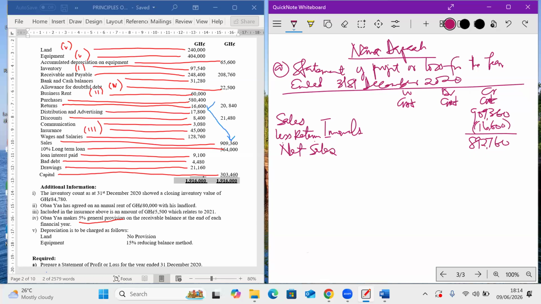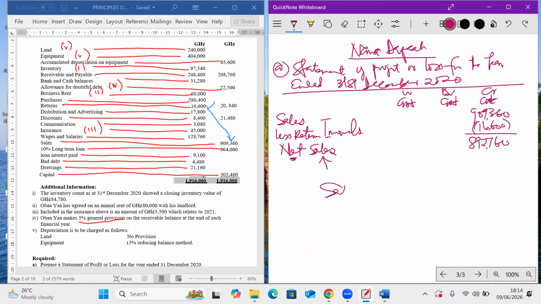Whenever you hear net sales, net anything in accounting or in finance, it means the word after the net, which is sales in this circumstance, has had something taken out from it. The balance on the sales is called net sales.